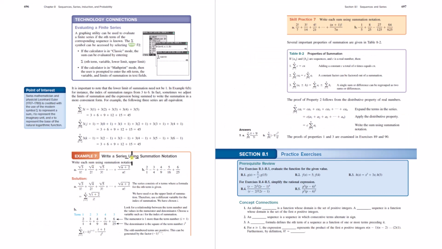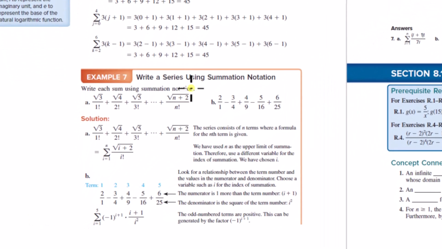Okay, writing a series using summation notation. We just talked about this. Once you develop your A sub n, or your sequence formula, you take the A sub n, put the summation out front, and take the n from the A sub n and make it an I, because you're summing from the starting term to n.